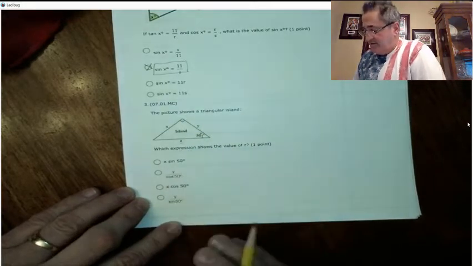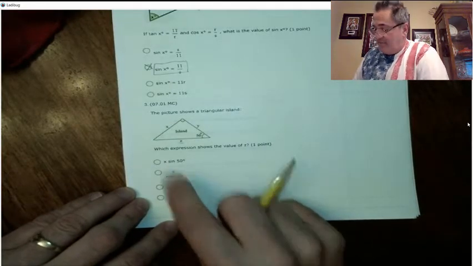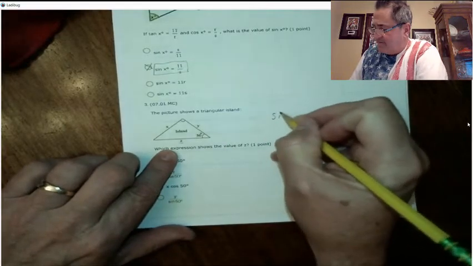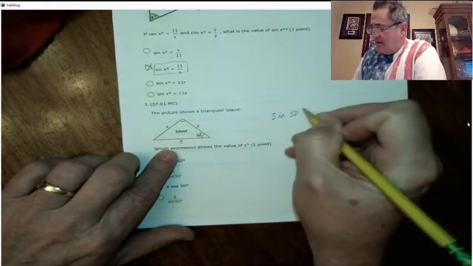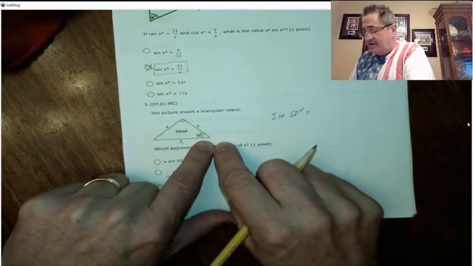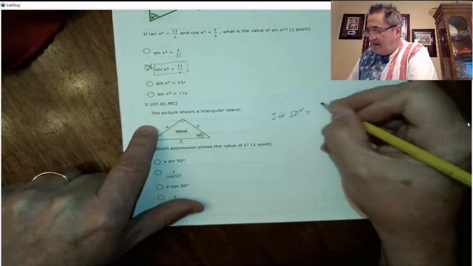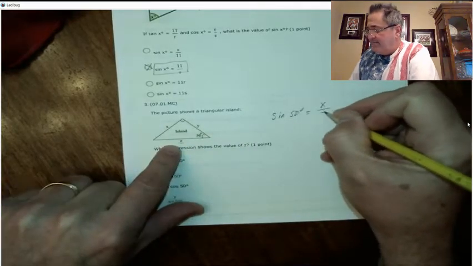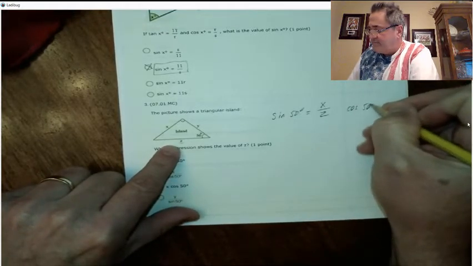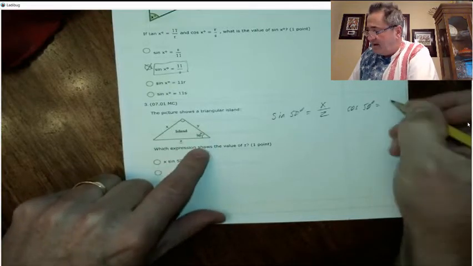They're asking with sine and cosine. So the sine of 50 degrees is opposite over hypotenuse, which is x over z. And the cosine of 50 degrees is adjacent over hypotenuse. The y is right next to the 50, so it's y over z.